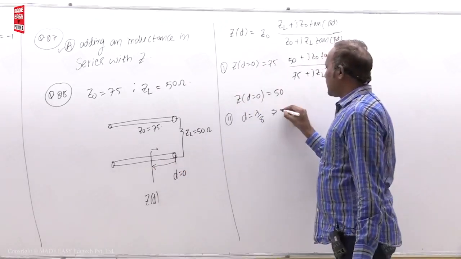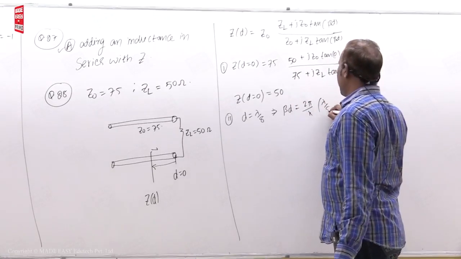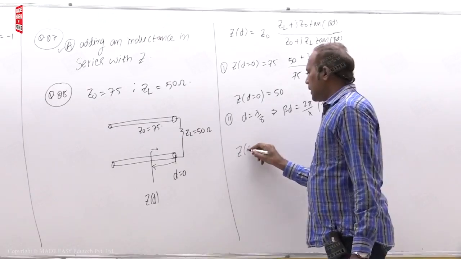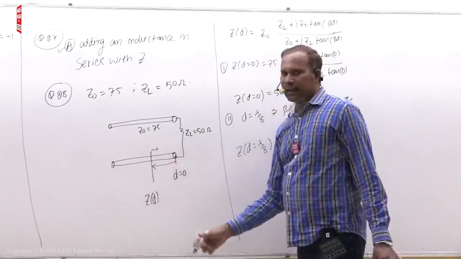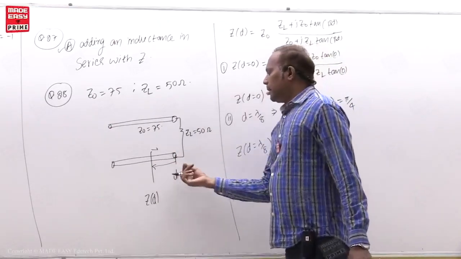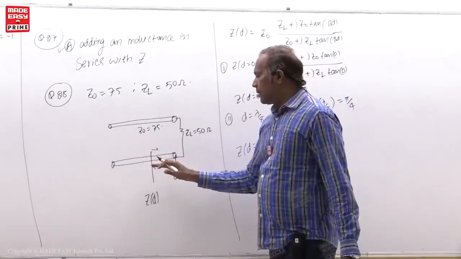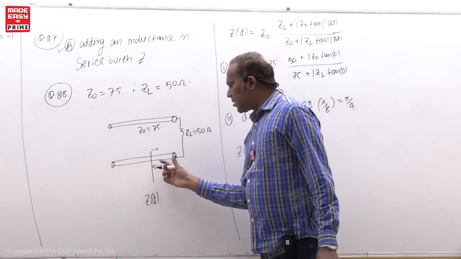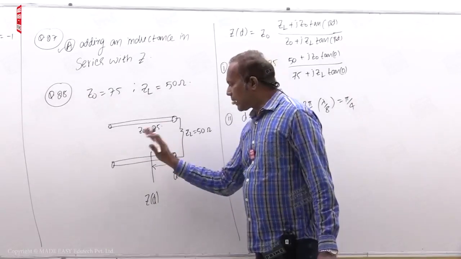Now beta D is equal to 2 pi by lambda into lambda by 8, that is pi by 4. Now Z at D distance lambda by 8 means I have increased the transmission line length. That's what he has asked. First you take D equal to 0, then you increase the length of the transmission line, coming from the load towards the generator, which is nothing but the other end.